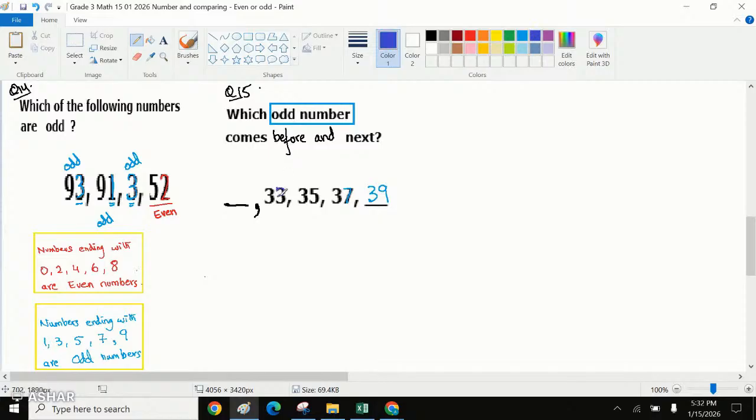This was 33, right? Then the odd number before 33 should be, yes, thank you so much, 31. So since the question was asking us for just one option, we made it into two. So a small word change in the question can make a lot of difference, okay? What is important is to read the questions in detail.